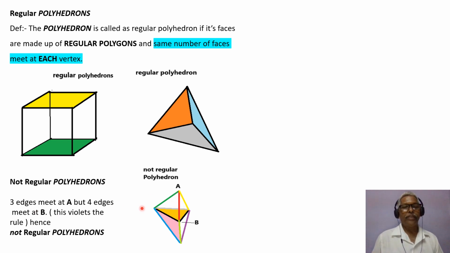Three edges. But four edges meet at B. Here there are four edges, that means four faces. So this violates the rule, hence not a regular polyhedron. So try to study this, try to understand this. These are very easy definitions of these polyhedrons.